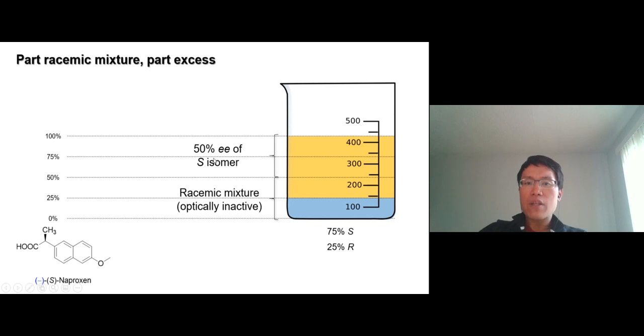So 50% enantiomeric excess of S means they are 50% pure S, and the other 50% is a racemic mixture, S and R equally. So how many S total? 75. We have 50 plus 25. That's 75% S and 25% R, and the observed rotation is plus 33 degrees.